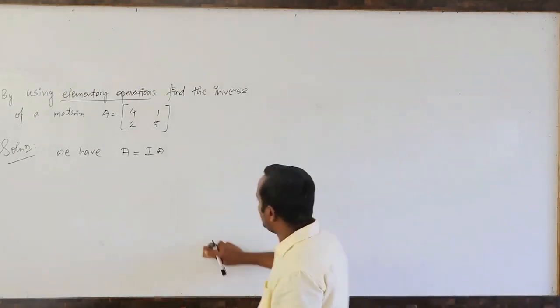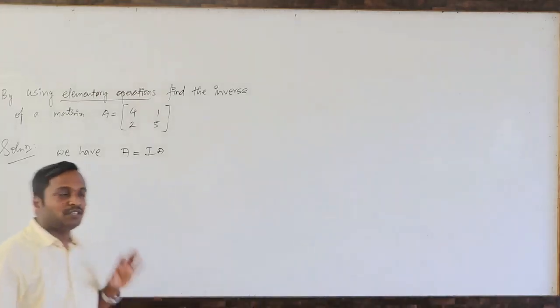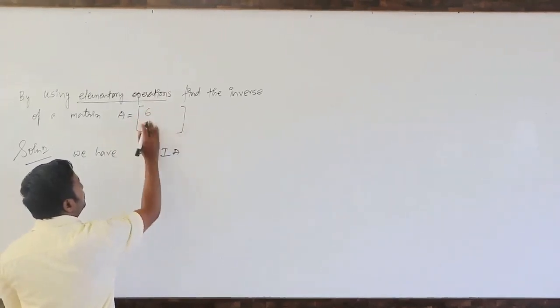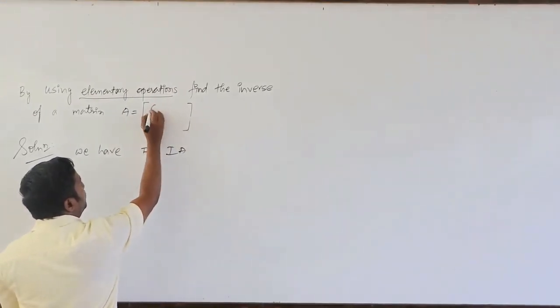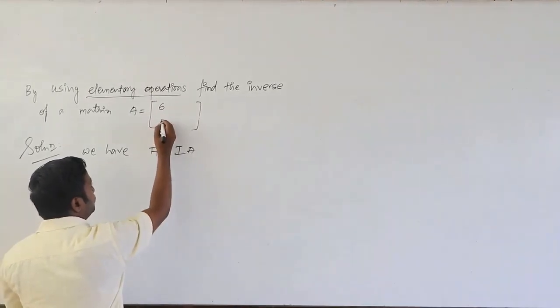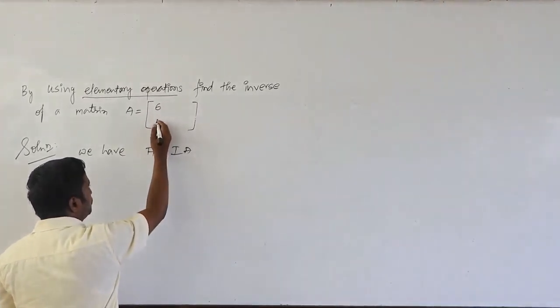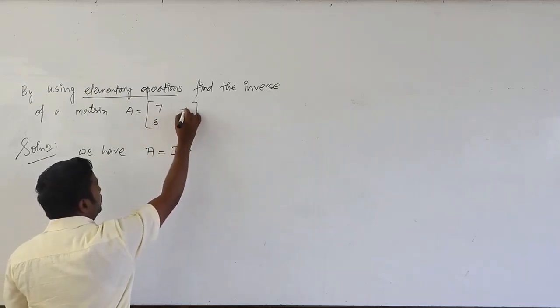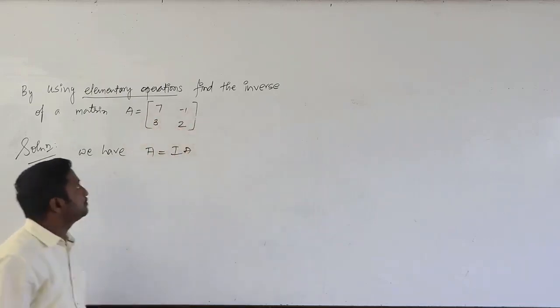If you are doing the proper way, R1, R2, which position, just observe. Please look at this. 6, 7 3 minus 1 2. If it is like this.